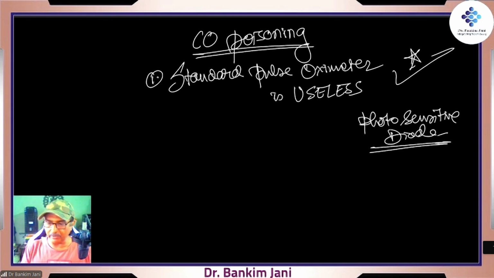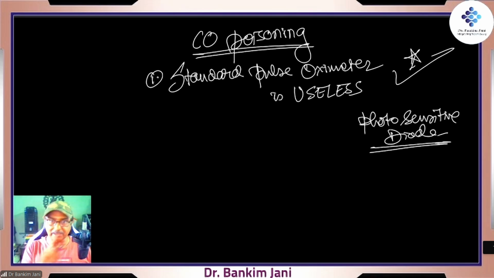When the light is emitted, it gets reflected depending upon the redness, and then it calculates the percentage. Over here, carboxyhemoglobin is already so red, so it will be giving wrong results. That's why the standard pulse oximeter is useless.